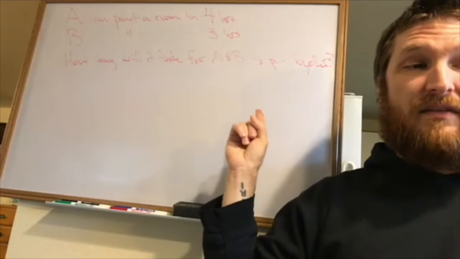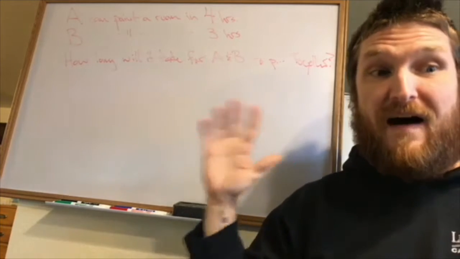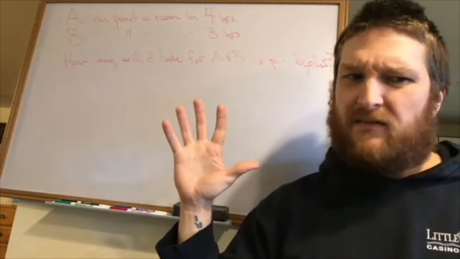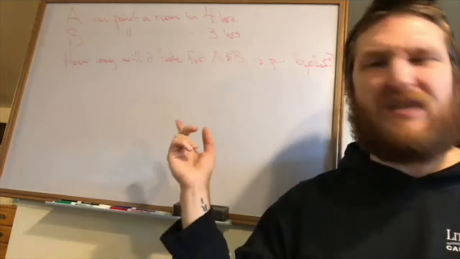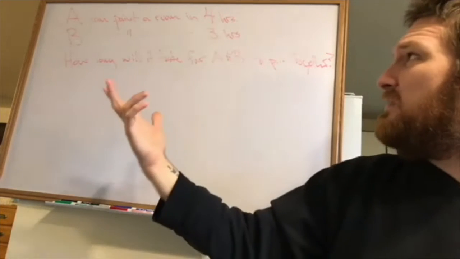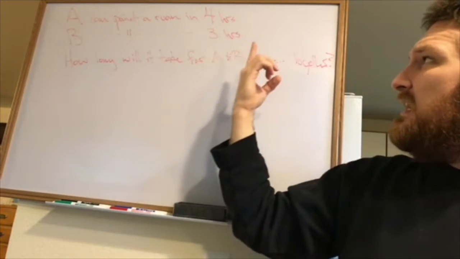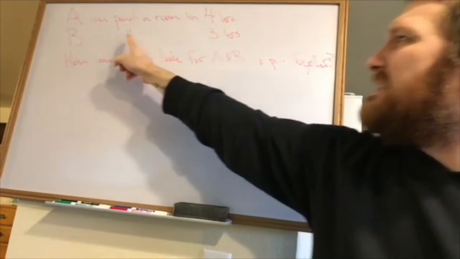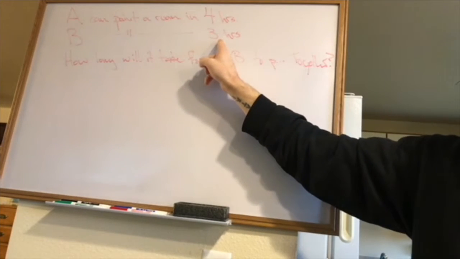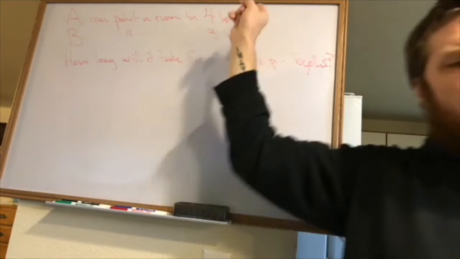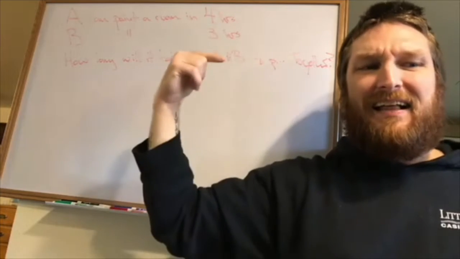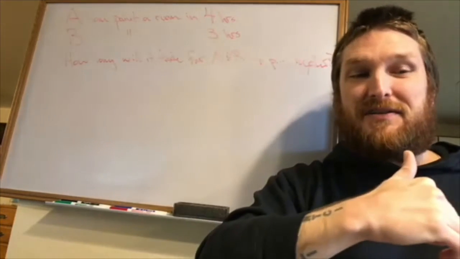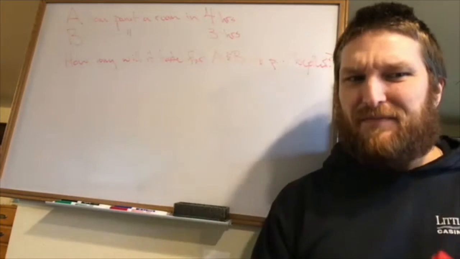If we got to the end of this and we found that it took them 5 hours, that doesn't make sense because that would be more time than it took one of them to do it by themselves. In fact, if Bob is working by himself and he could do it in 3 hours, if he has help, then it should take less than 3 hours for them to do it together, right?